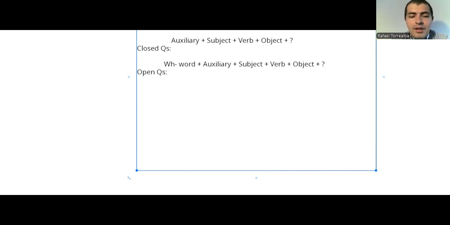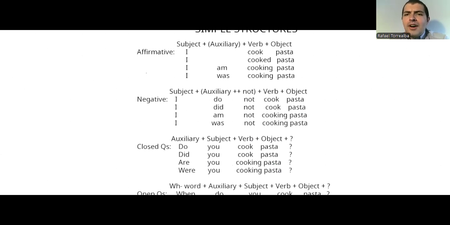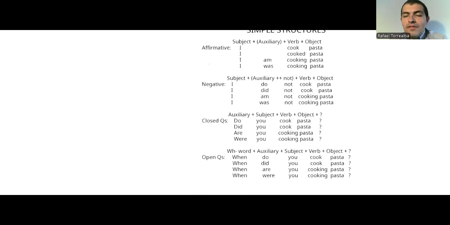I don't know the name, but it's not a phenomenon that is exclusive to Americans. Again, there are more examples with can, with should, with will, with have, right? In the present perfect, in the past perfect. But this is enough for today. This should give you an idea of how structures work.